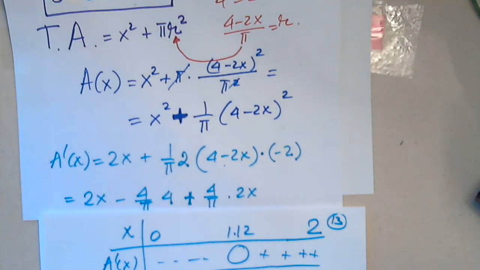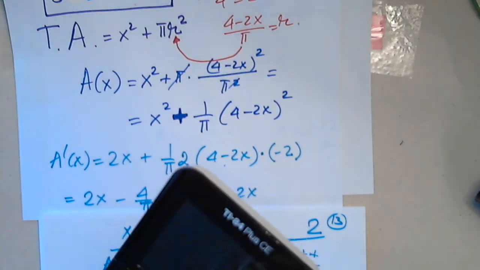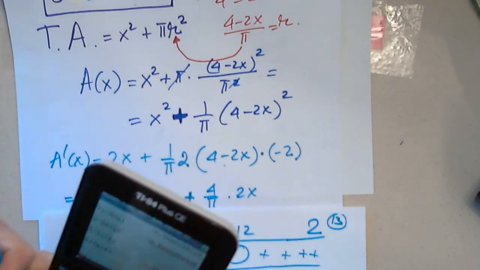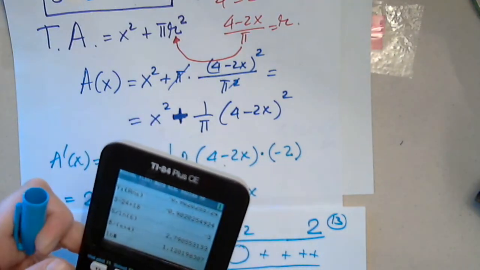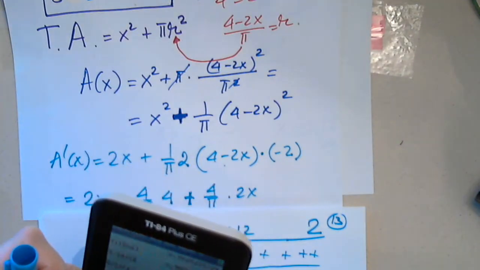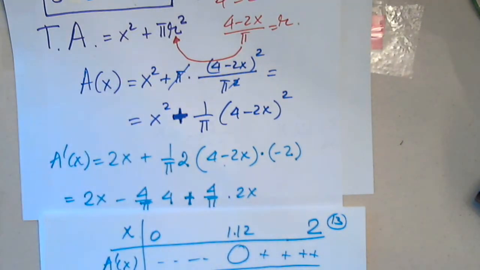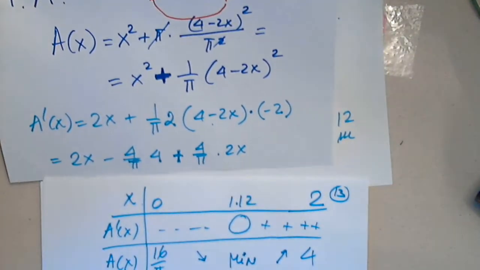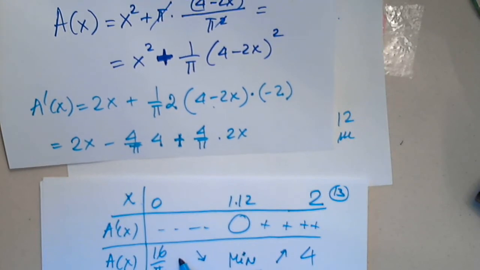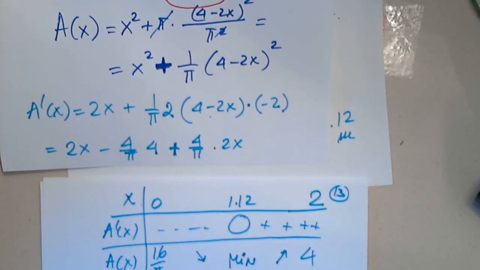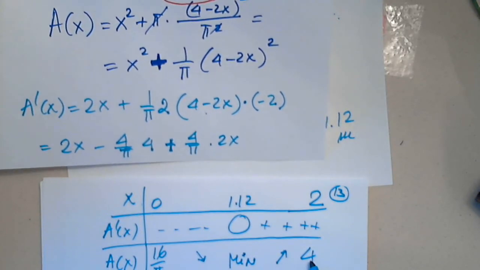So 16, let me also look and see what 16 over pi is. Just to have an idea, roughly 16 divided by pi. Yeah, so 5.09. Okay, this is approximately 5.09. So from 5.09 it drops to, we can verify what that means, and then it goes up to 4.